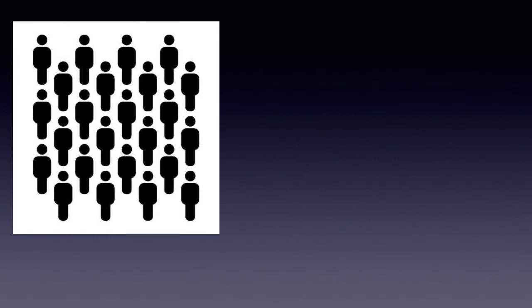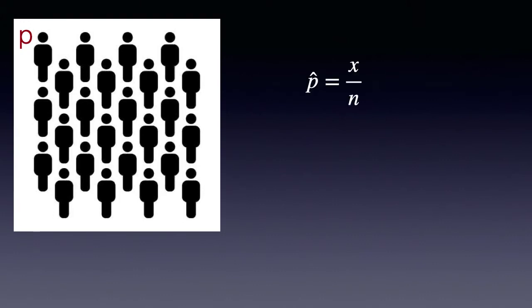And if so, we can assume that there is some true population proportion that is going to vote for a particular candidate. We don't know what that population proportion is, but we would like to get a handle on it. So one of the things that we can do is go out and sample.